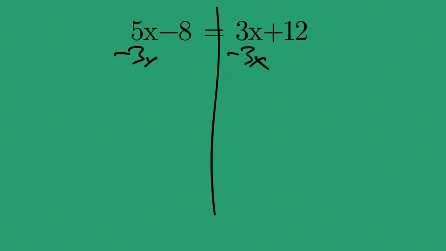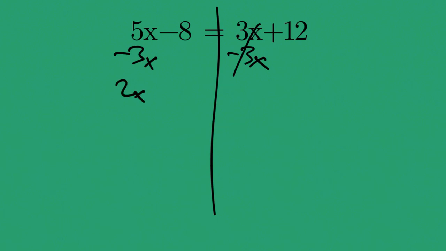I'm going to move the 3x from the right side to the left side. 3x is positive on the right, therefore I'm going to subtract it. I am moving the variables to the left side of the equation. The 3x's cancel on the right. 5x minus 3x is what? 2x.